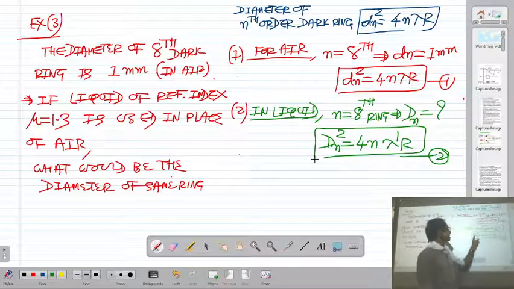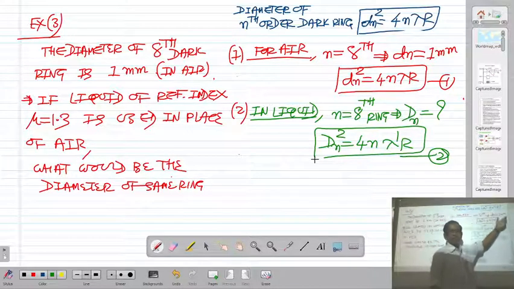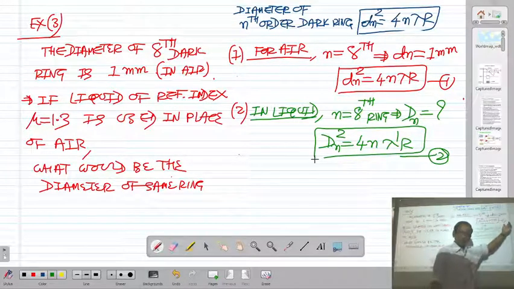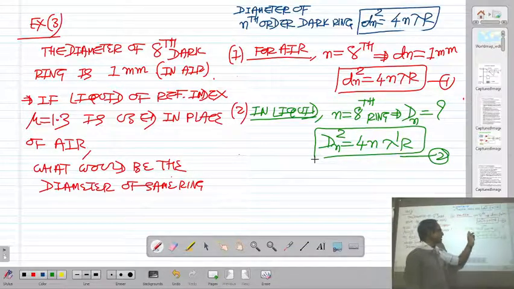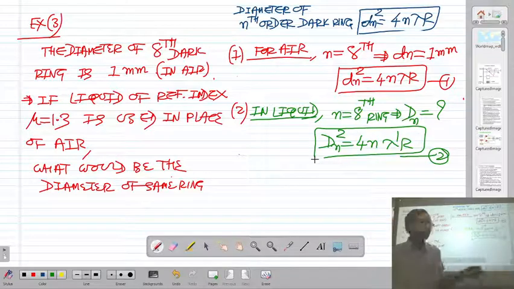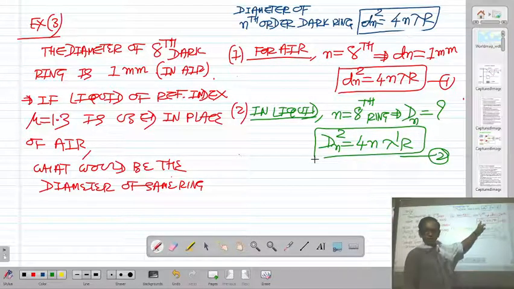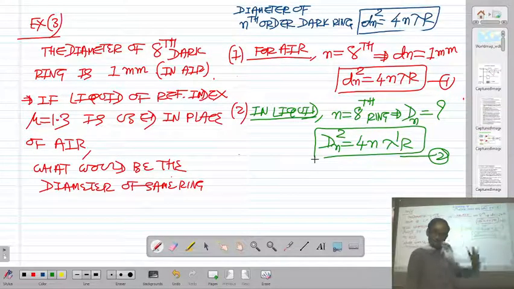The equation for the diameter capital Dn square is 4n lambda dash r. So in air, the diameter of the nth dark ring, small dn square, is 4n lambda r, and in liquid, capital Dn square is 4n lambda dash r. Please remember, small dn is the diameter of the nth order dark ring in air, and lambda is the wavelength of light in air.